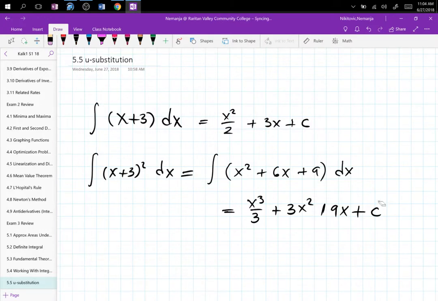So we had a problem that was squared, you FOIL, and you can integrate again term by term.